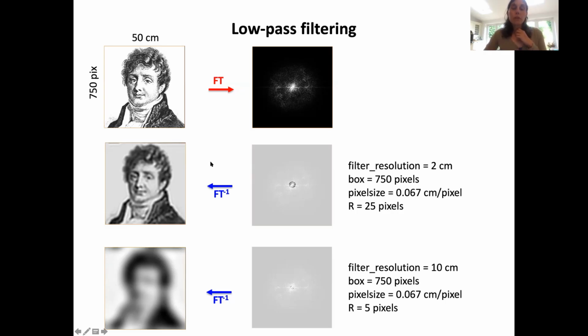So why do we use low pass filtering in Cryo-EM? There are a number of reasons, and one of the main ones is that in Cryo-EM images, as you will learn in the next set of lectures on image formation, the signal to noise ratio decreases with spatial frequencies. So as we go to higher spatial frequencies, the signal decreases.